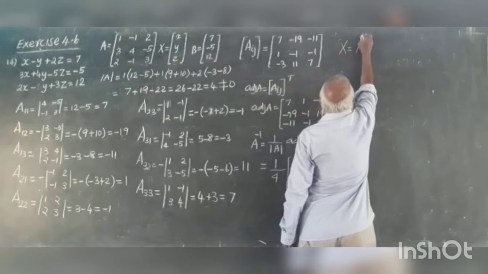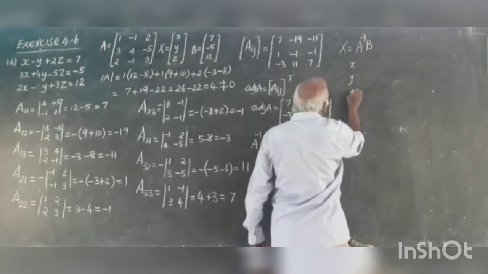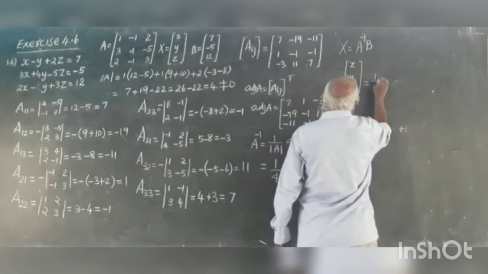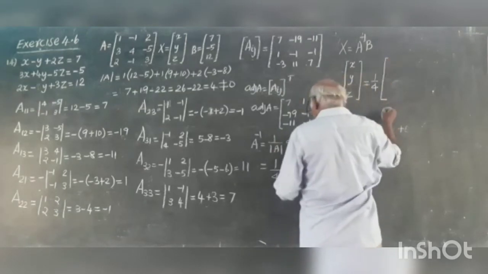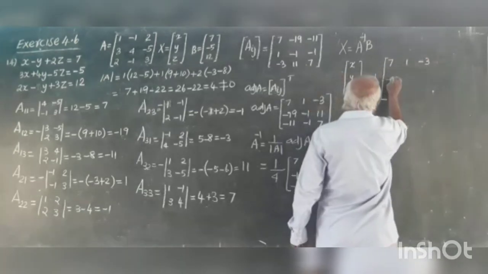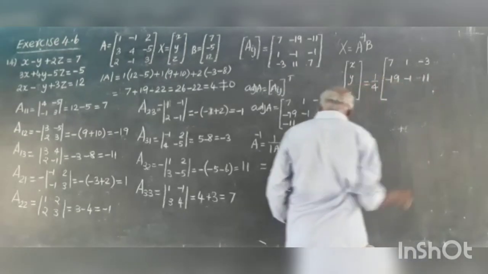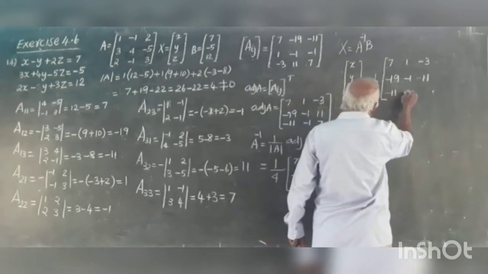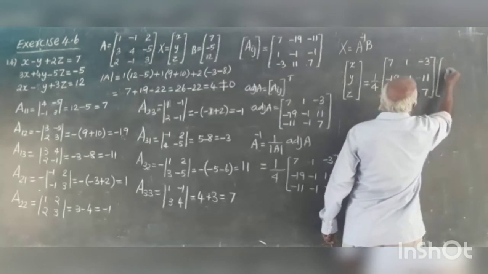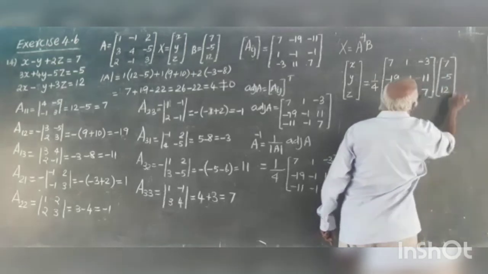Then apply the matrix equation. X is equal to A inverse. So X, Y, Z is equal to 1 by 4 into 7, 1, minus 3, minus 19, minus 1, 11, minus 11, minus 1, 7 into 7, minus 5, 12.